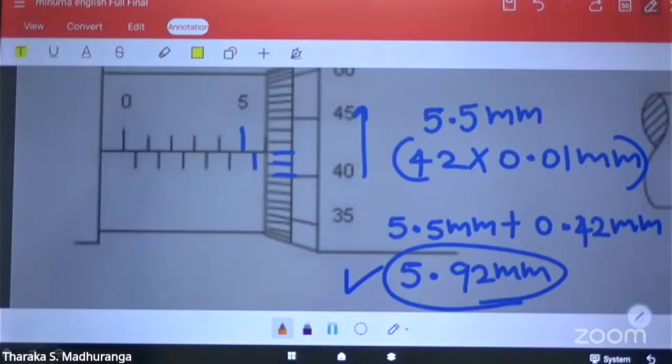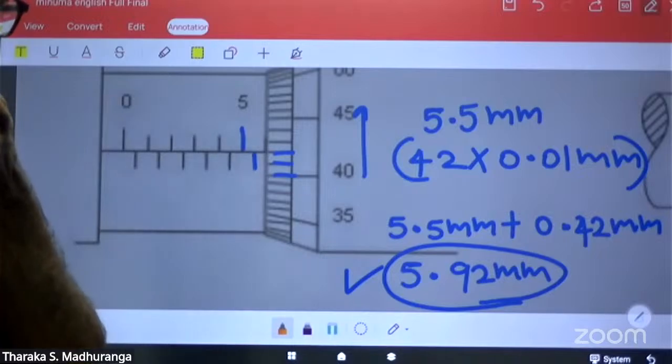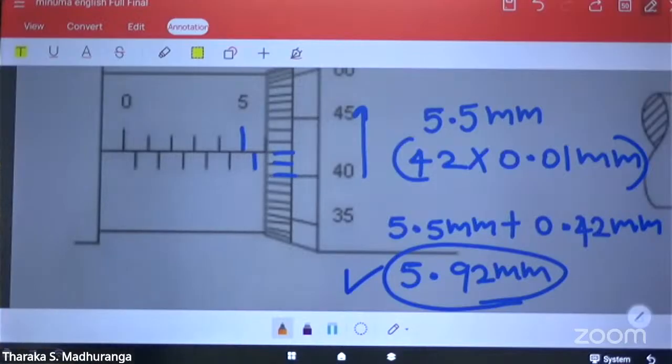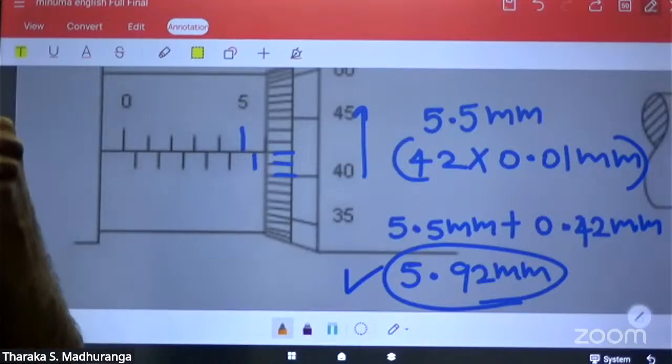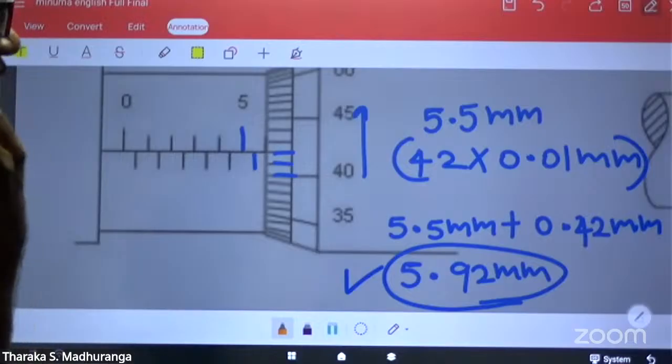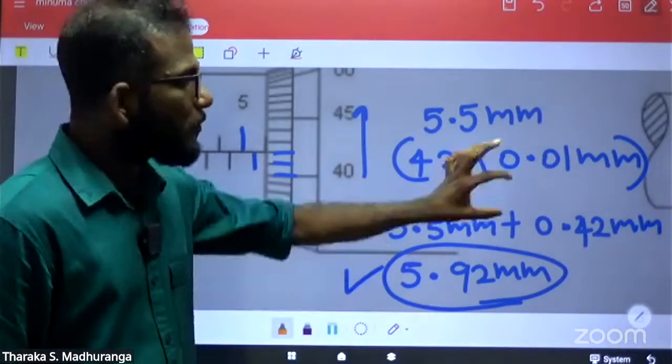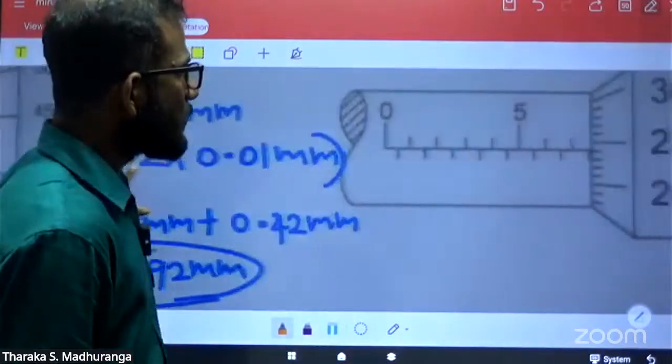Ravindu, good? And Sadev, good? Very good.